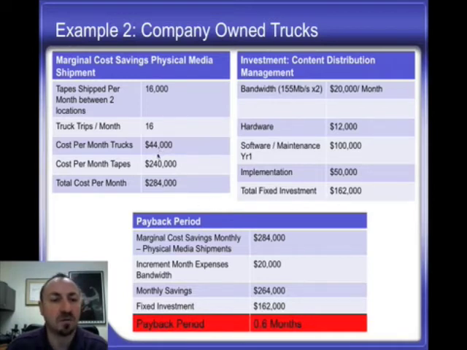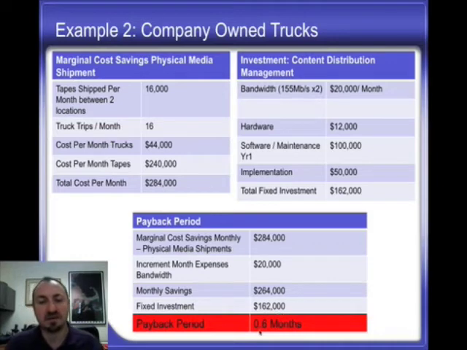So their total cost per month was $284,000 now with the tapes and the trucks. If you look at this, their total cost $284K, they take off the bandwidth, they get to $264K. Their fixed investment is $162,000.